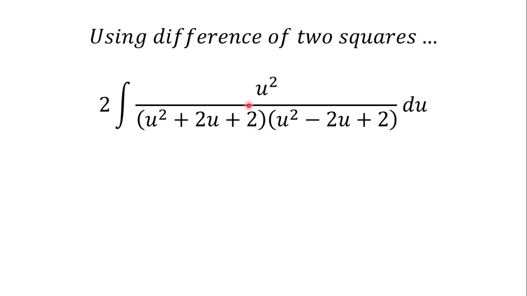So the question is, what if I want to reverse from this state to the original state? How are we going to do that? Normally, if you want to reverse any single fraction, we use what we call the partial fraction approach.